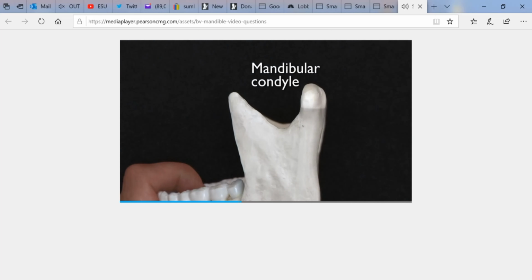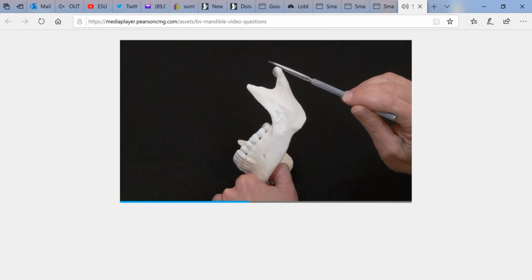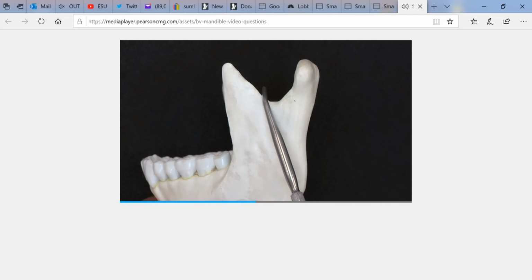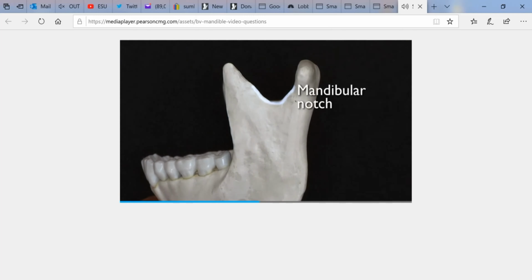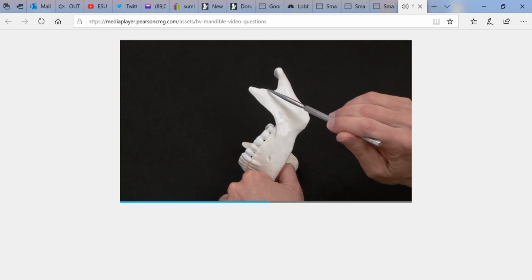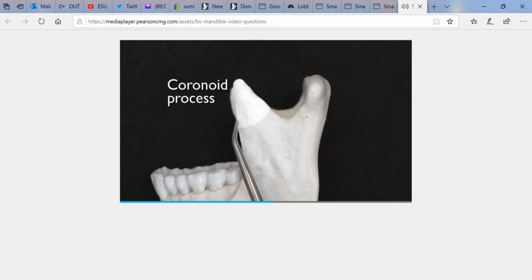This projection is the mandibular condyle. Anterior to the mandibular condyle is a U-shaped notch called the mandibular notch. And anterior to the mandibular notch is the coronoid process.